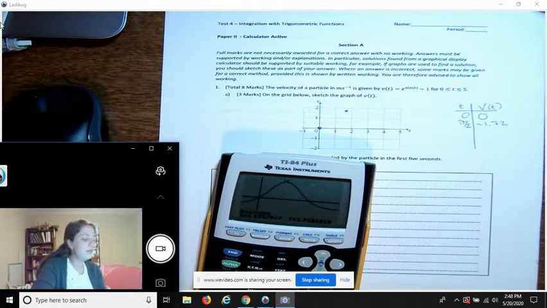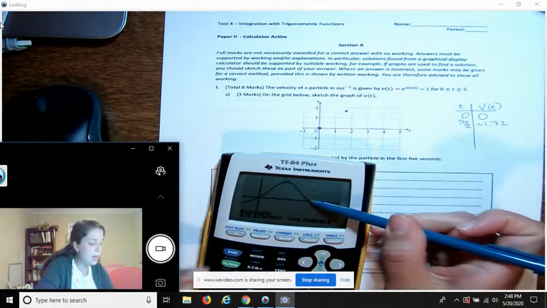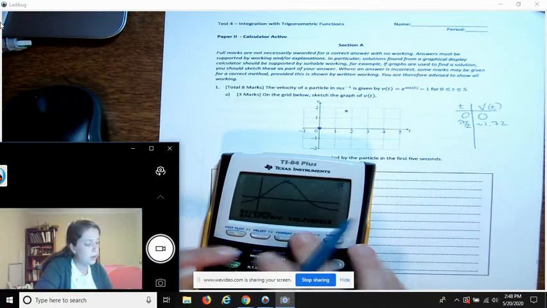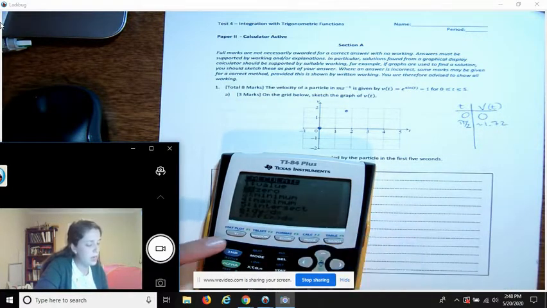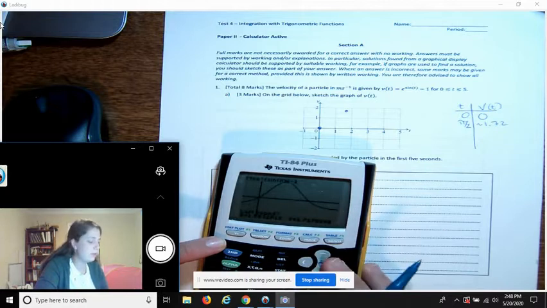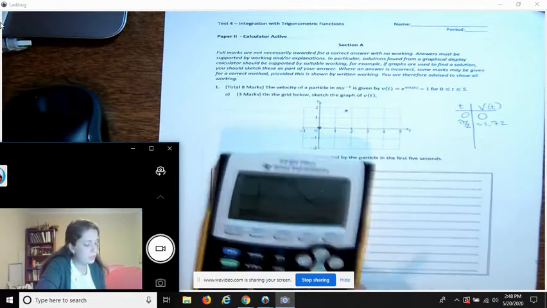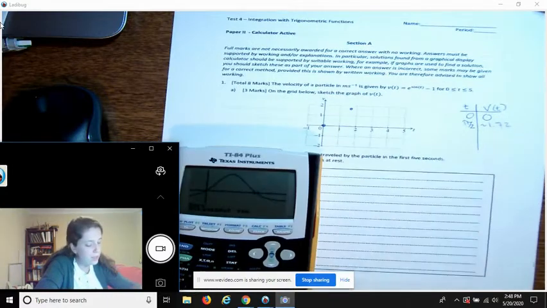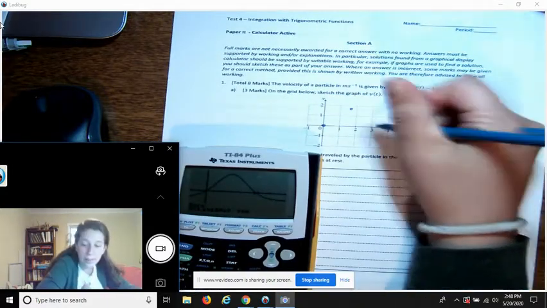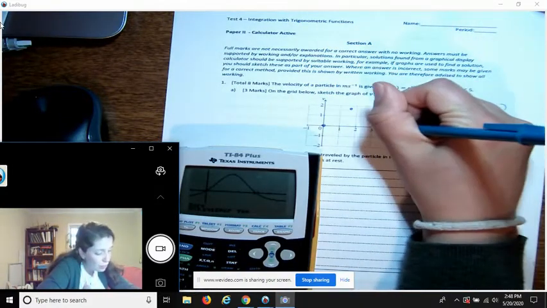And then the other key feature here is this x-intercept. So I calculate the 0, and it asks for a value to the left of that 0, and a value to the right of that 0, and it asks you to guess. And 3.14159 happens to be that value, so at pi.